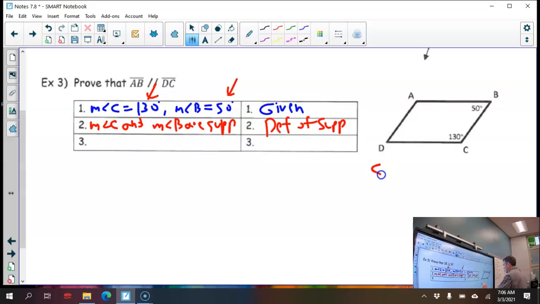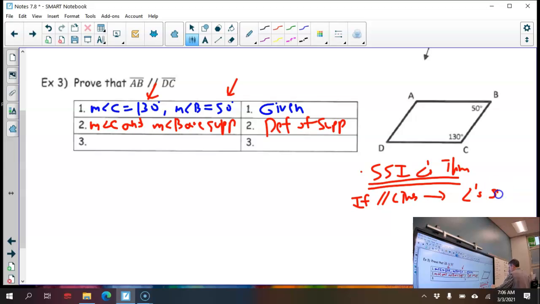Now remember, this is the same side interior angles theorem. It says, if you have parallel lines, then same side interior angles supplementary. But I actually want to reverse that theorem. I want to say if the angles are supplementary, then the lines are parallel.